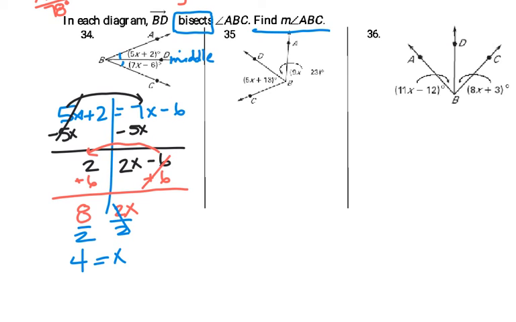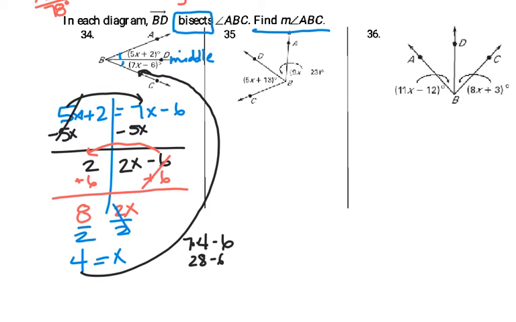To find the measure of ABC, I can take that 4, plug it into either part. 7 times 4 minus 6 would be 28, minus 6 would be 22. If I know that one part is 22, I know the other part is 22. So the measure of angle ABC would be 44 degrees.